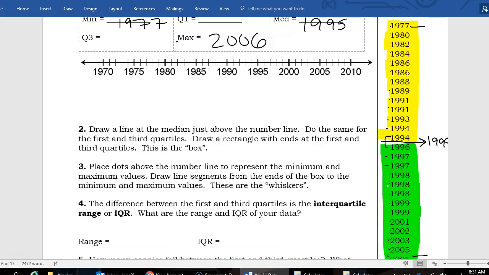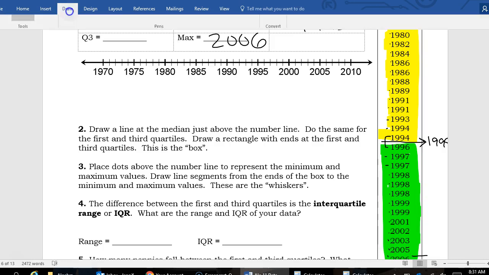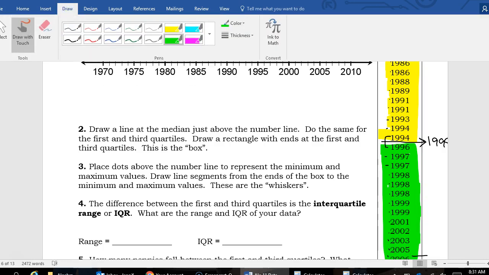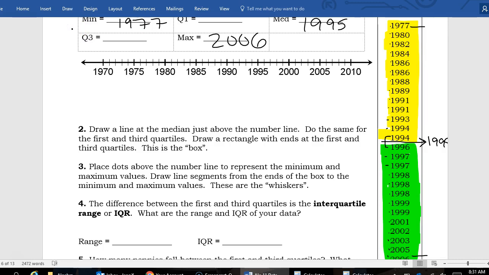I do want to point out that you never include the median value, whether the median is in your data set or not. So I'm not going to match up 95 to 77, I'm going to match up 94 to 77. If I match up here, we'll go boom, boom, maybe 2 and 2, maybe 3 and 3, and look at that, I have 1 value left.